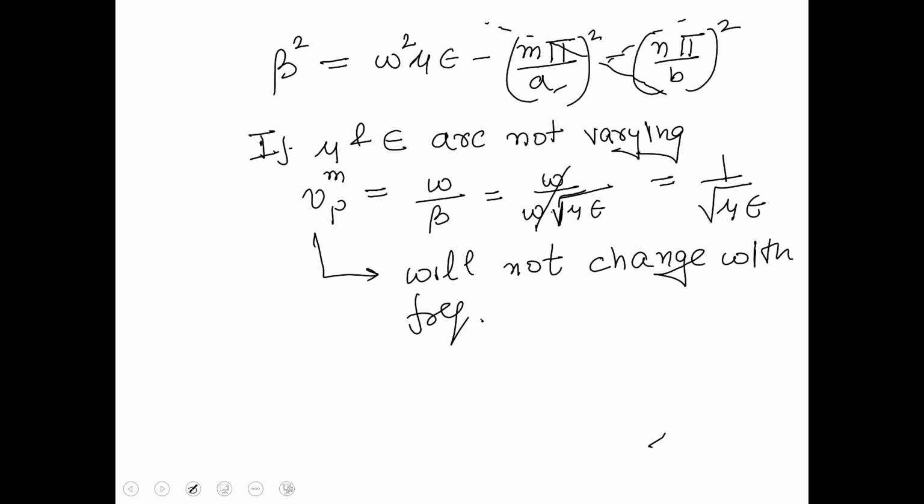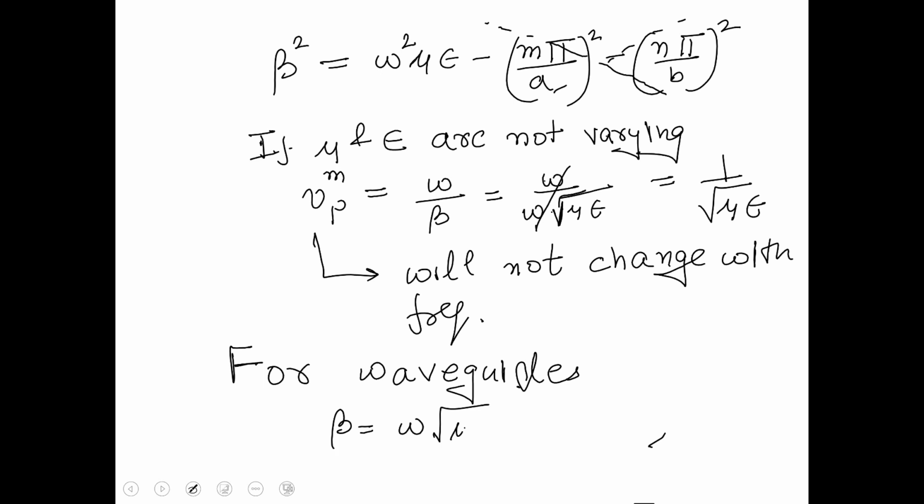But now for waveguides, beta is omega square root of mu epsilon times the square root of 1 minus omega c by omega square.